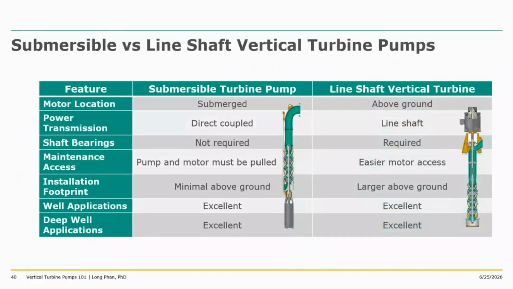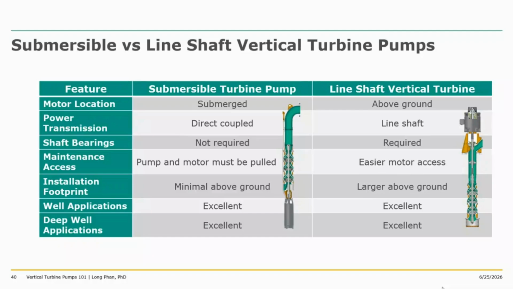Put them together side by side, you can see that obviously the motor locations are the key difference between the submersible and the line shaft turbines. The submersible turbine has a direct couple, therefore we don't need any shaft bearing or line shaft. We do need columns, sorry. For maintenance access, the submersible pump and motor must be pulled, right?